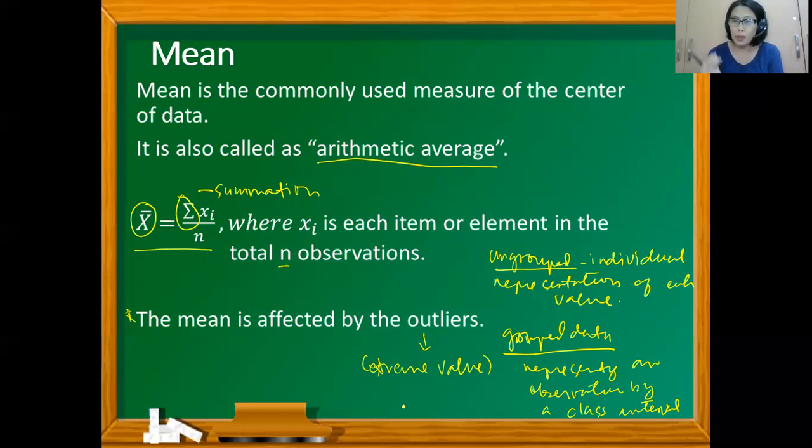If you get the average of the 13 subjects, it will be affected by this outlier, in the example this very low grade in mathematics.